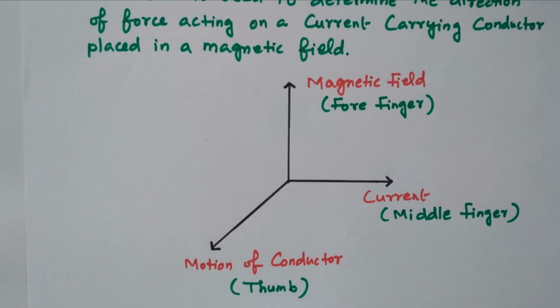In the left hand, if you stretch the fingers in such a way that the forefinger, middle finger and thumb are perpendicular to each other, the forefinger will indicate the magnetic field, the middle finger will indicate the current, and the thumb will indicate the motion of the conductor. Now we'll see the statement.